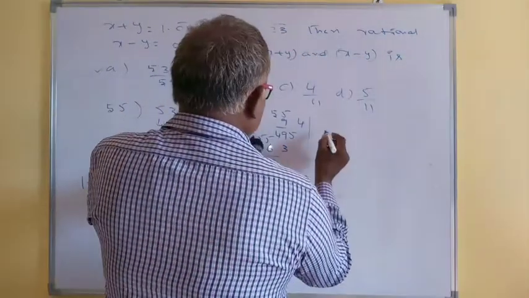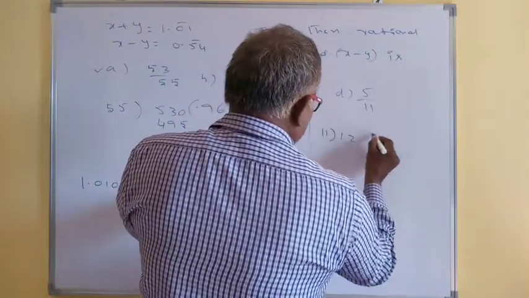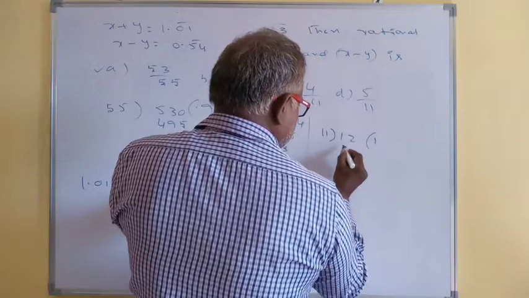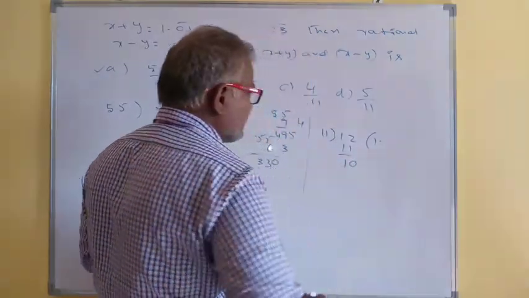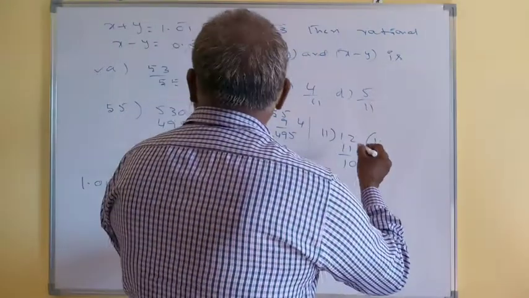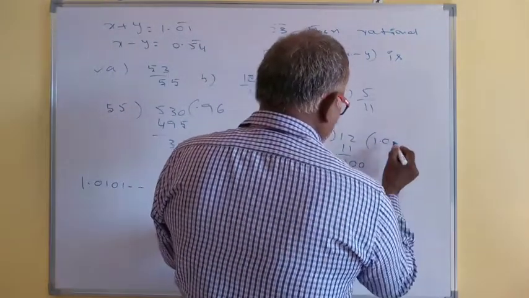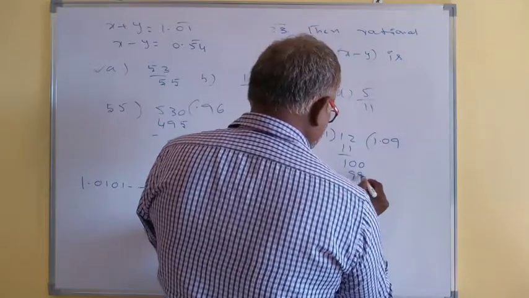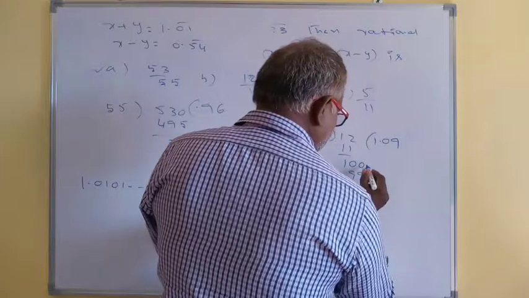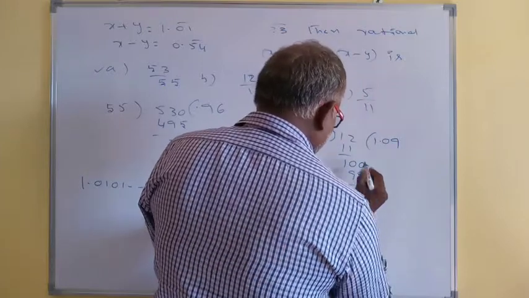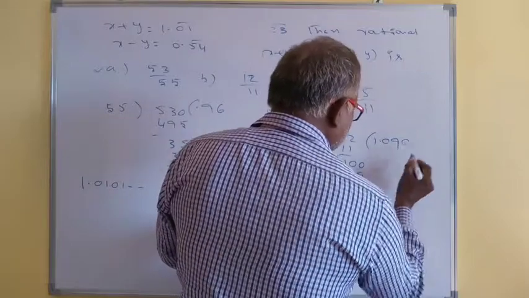Suppose you take 12 by 11. What will you do? Here 11 ones, 11, here 1, 0, 0, again 0. 11 nines, 99. Here also 1, again 0, 0, 0, 9 nines.